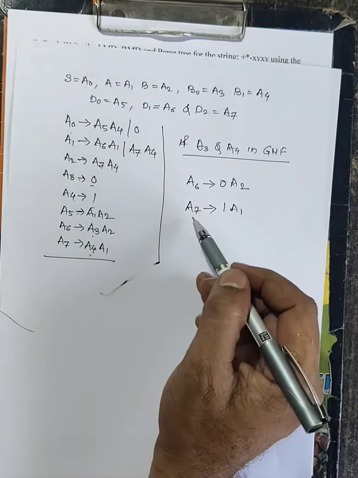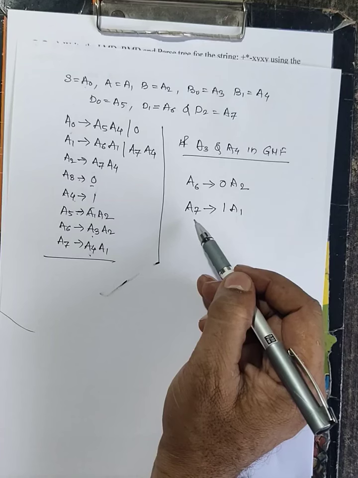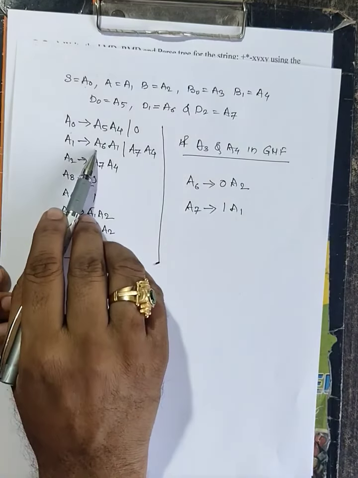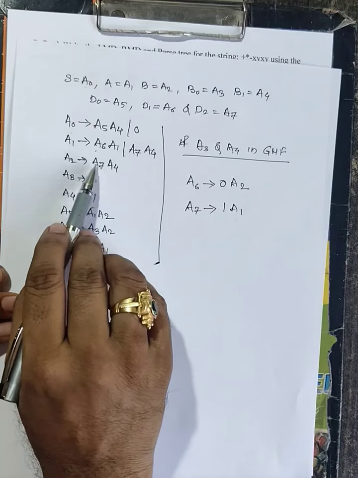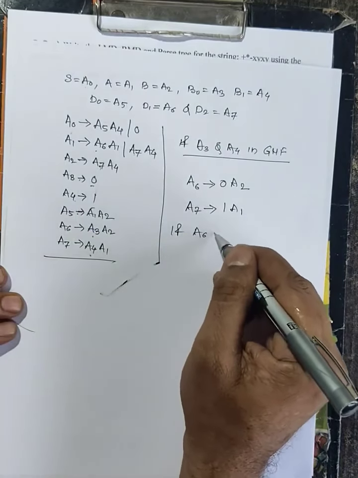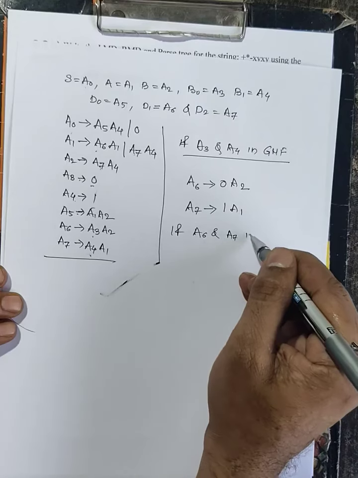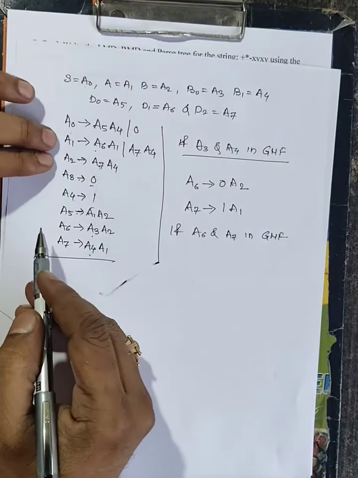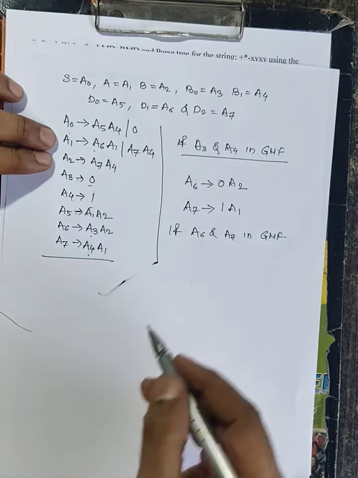If A6 and A7 are in GNF, then we can convert A1 and A2 into GNF.